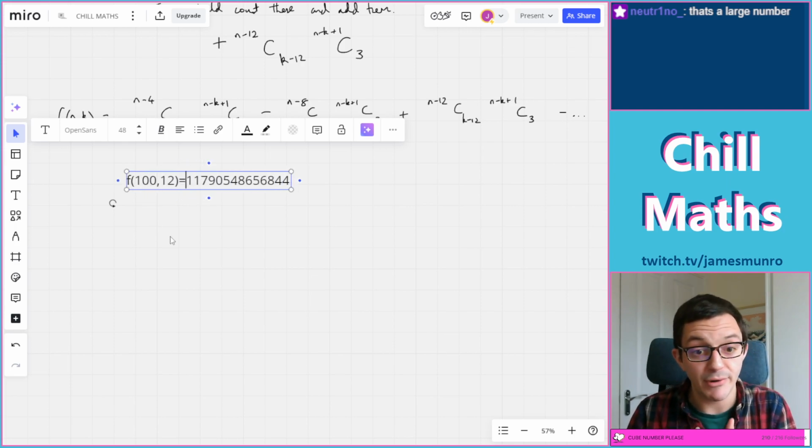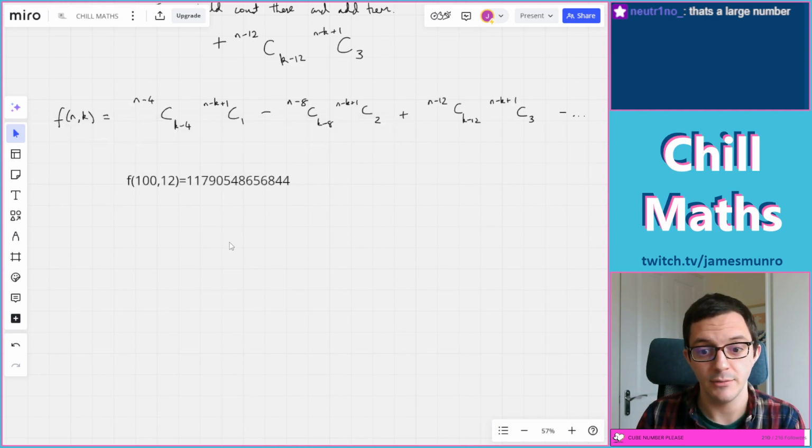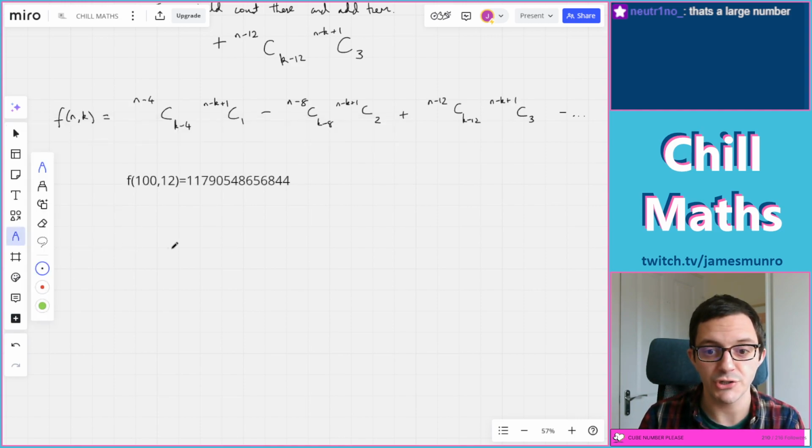Which we sort of knew from our recursion relation, but now we've got an exact expression for it as well, which is that 100 choose 12, sorry, F112 is 96, I just need to copy this out, and 3 terms is enough. 96 choose 8 times, this is 89, and there's a lot of 89s in this.